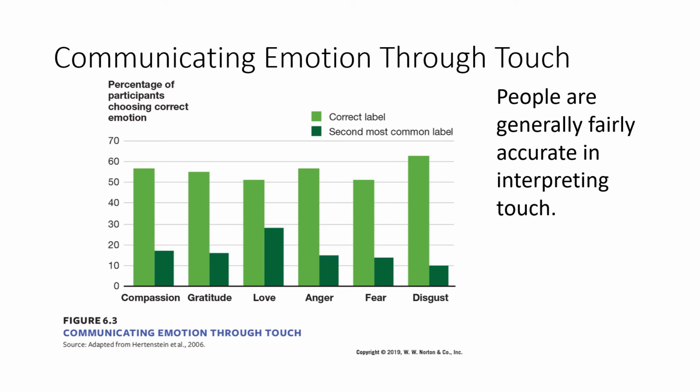We do find that because it's a nonverbal communication, you might wonder, can people interpret what touch means, what emotion is being expressed? And so people tend to be pretty good at it. You can see, almost 60% identified compassion as their first choice when they were given that kind of touch, and a smaller percentage identified it as their second choice.